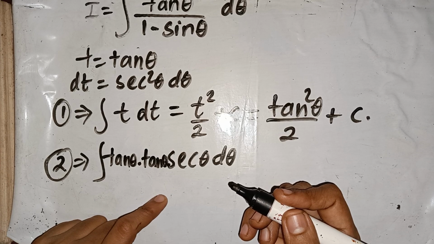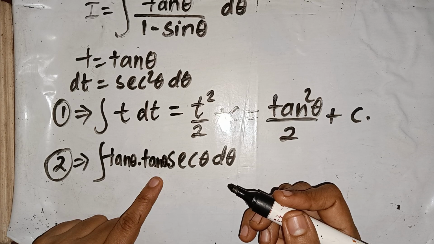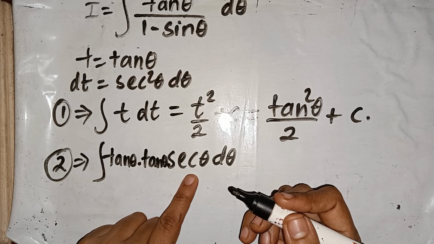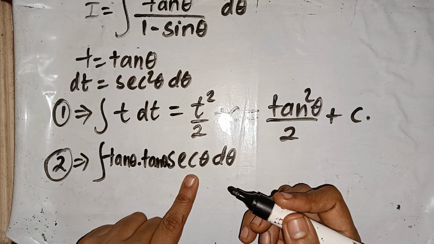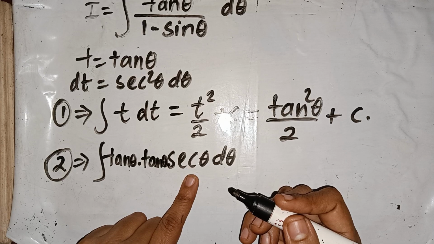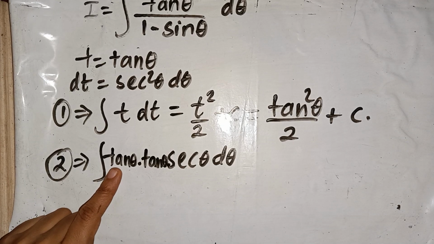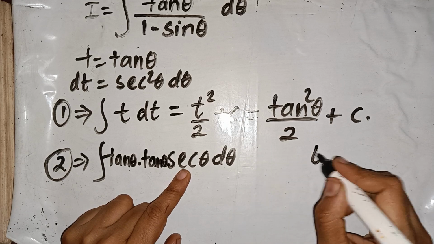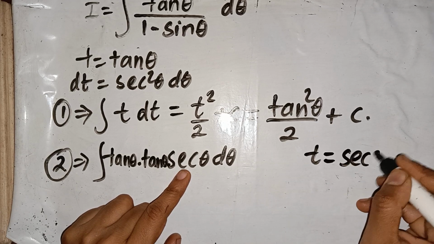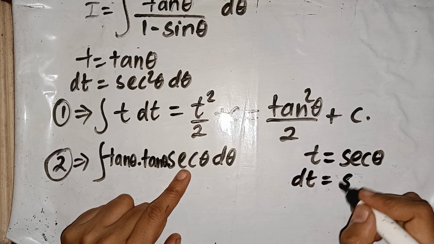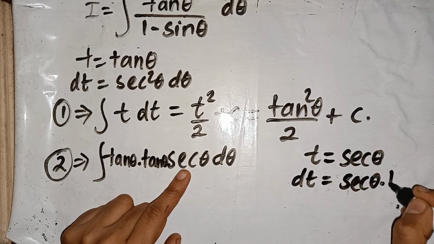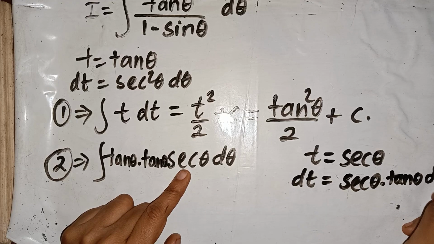What if I take t as sec theta? Its derivative is sec theta into tan theta. If I take t as sec theta, then dt will be sec theta into tan theta d theta.